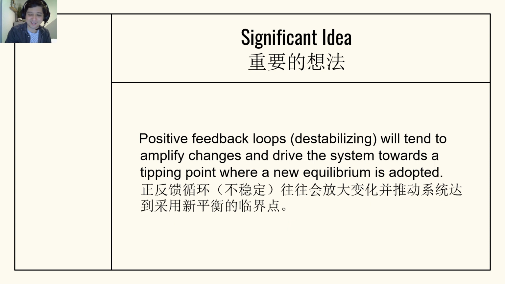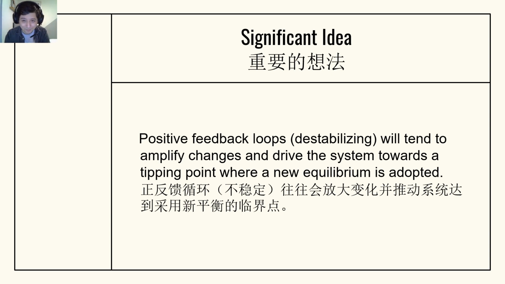Now, the opposite, positive feedback loops, which are destabilizing, will tend to amplify or grow changes and drive the system towards a tipping point where a new equilibrium is adopted.